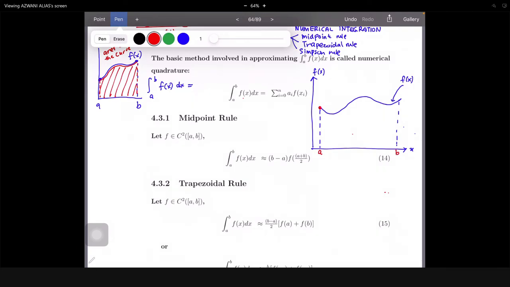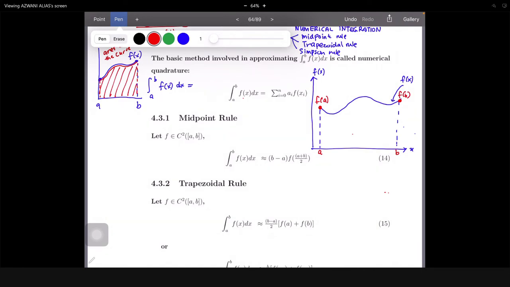So what is the value here? What is the value, the dot, the titik merah tu? FA, setuju? Setuju tak? B? Yes, alright. So FB. Okay.